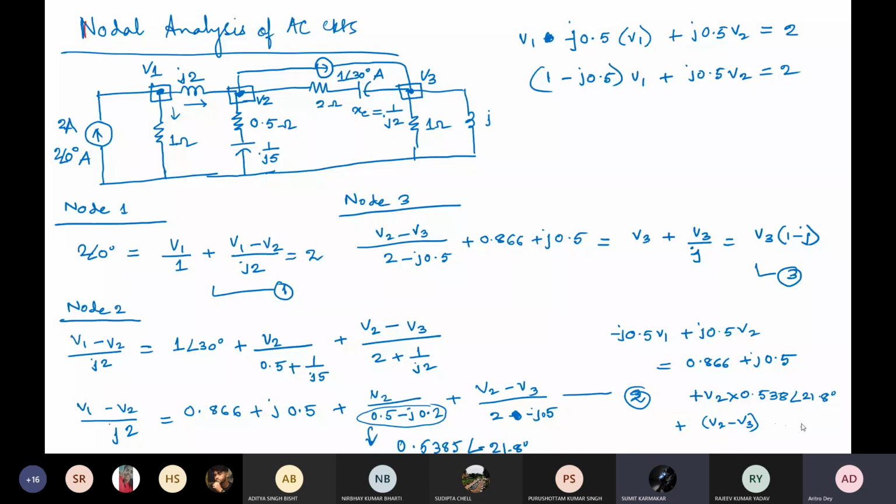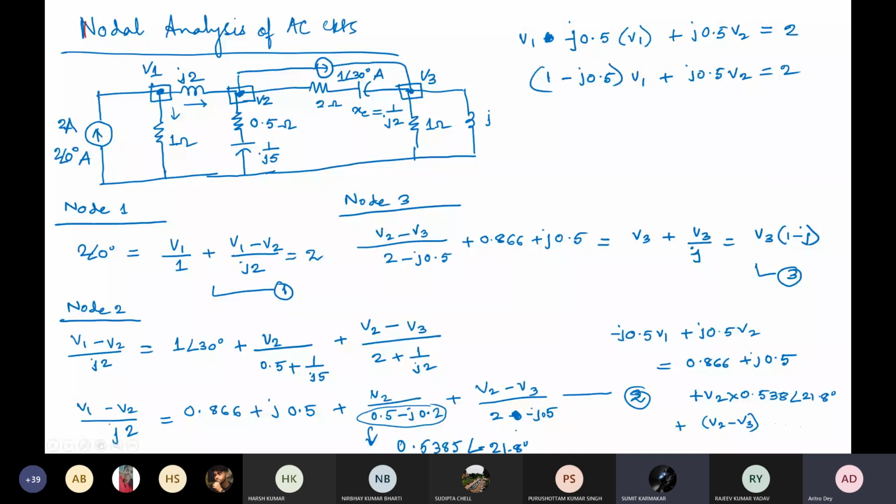Sir, how is this thing in the denominator coming in the numerator, which you have written at the last, 0.5 minus j? Beside this calculation, you have written on the right V2 into 0.538 angle 21.8. How? Because it is in the denominator, it is minus 21.8, and when you take the inverse of that, it will be plus 21.8. Let me show how.